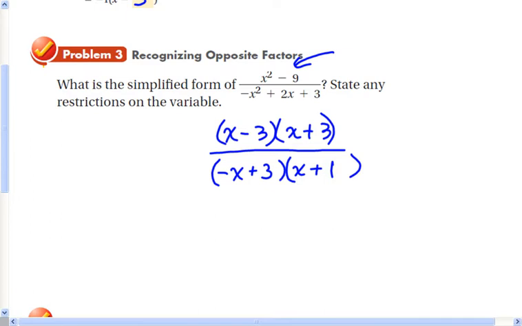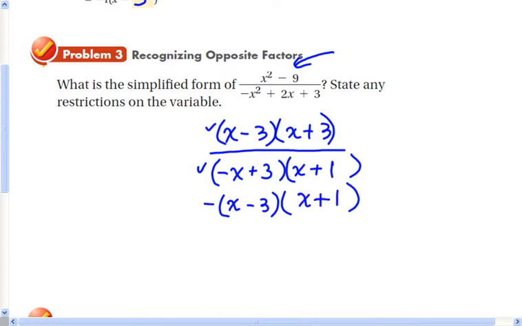Now, notice right now we don't have any common factors, but these two right here, this one and this one, look kind of close. And if we factor out a -1 from that, we would get x minus 3.